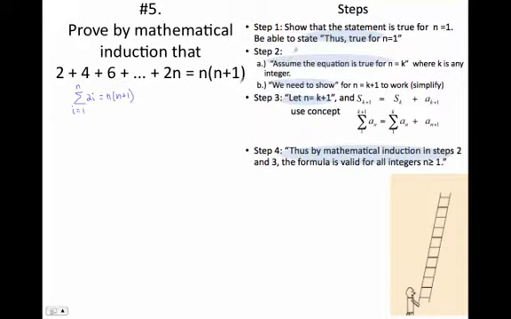So to do this, in step 1, what we must prove is that it actually works for our most basic number, 1. So let's go ahead. Step 1, what we need to show is that, let n equal 1, and we're going to see, does it work? I'm going to plug in 1 for my n, so we're summing from the index number 1 up until 1 of 2i, and then what we want to show is that, let n equal 1, so 1 times 1 plus 1.